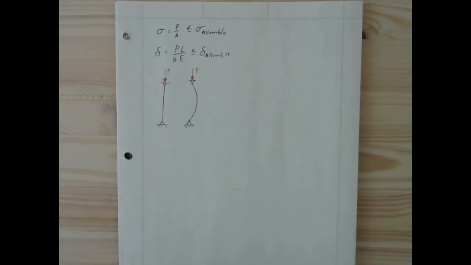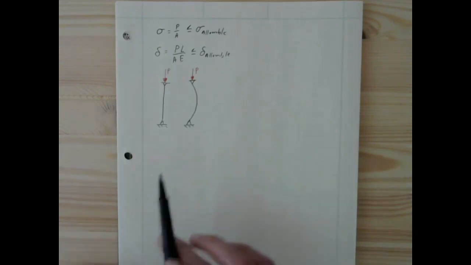And it can only occur in compression elements. So it can be either in compression due to it being a column, experiencing an axial load, or it can be a compression portion of bending moment. Remember, part of something in pure bending is going to be experiencing compression. Those parts can buckle as well.